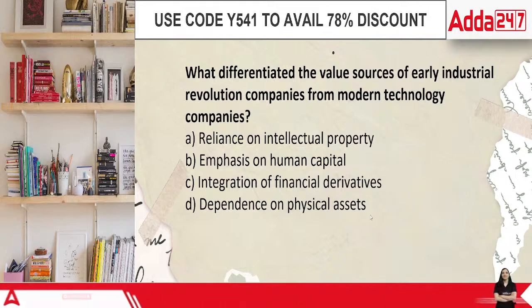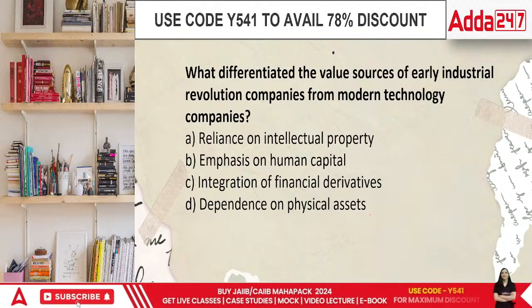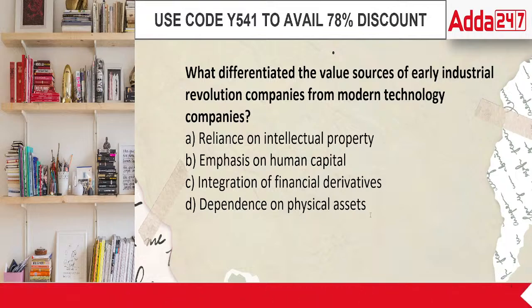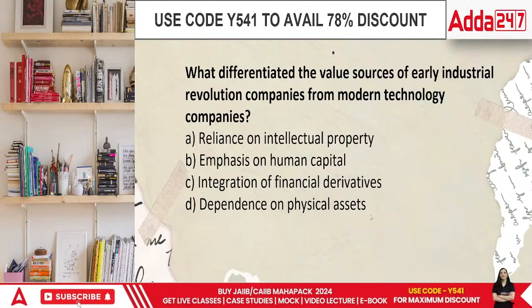Now, we are talking about what differentiated the value sources of it only. At that point of time, one of the most important things was money. But what differentiated the value sources of the early industrial revolution?